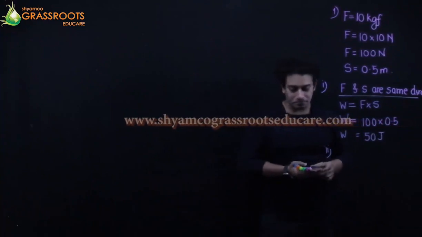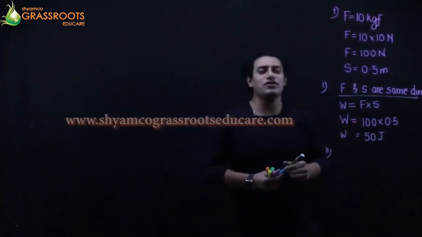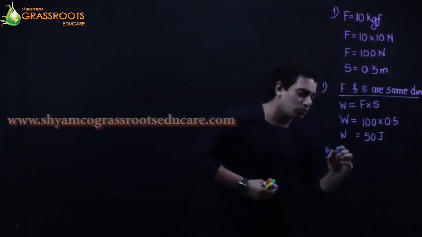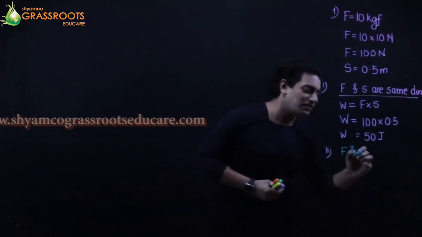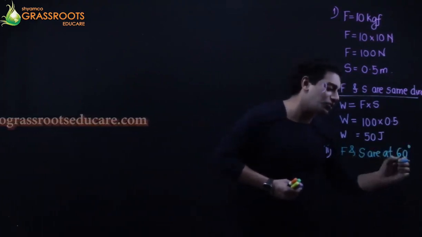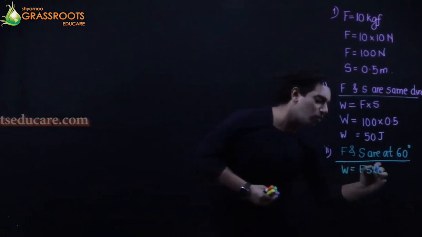Second part. They are saying their force and displacement are at an angle of 60 degrees. So second, F and S are at 60-degree inclination to each other. So the formula is Fs into cos theta.